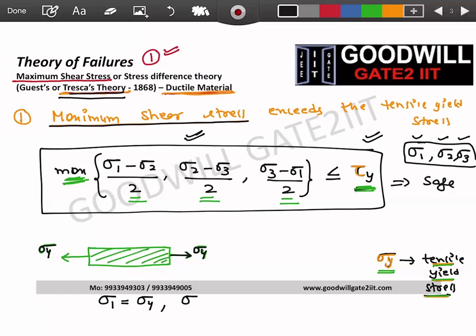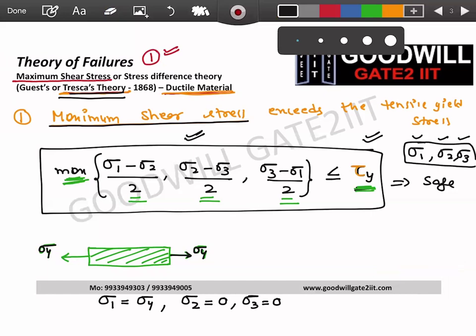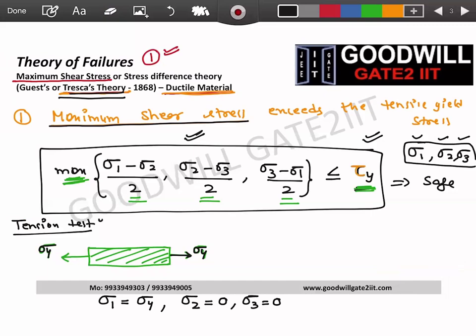There is absolutely no stress in y direction, and there is absolutely no stress in z direction. Before going further, do you people agree on this? This is a pure tension test. This is your first semester IIT lab in which you will be testing steel specimens.